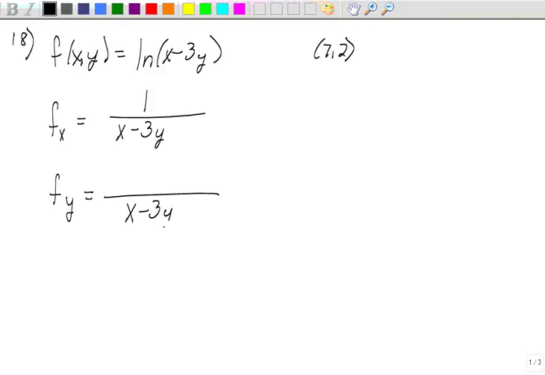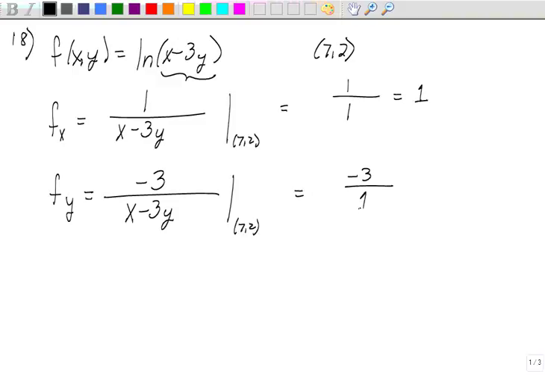With respect to y, x is a constant, so the derivative of this is 0. The derivative of negative 3y is negative 3. So evaluated at 7, 2 is going to be 1 over 7 minus 6, which is 1. And this one evaluated at 7, 2 is minus 3 over 1, 7 minus 6 is 1, which is negative 3.